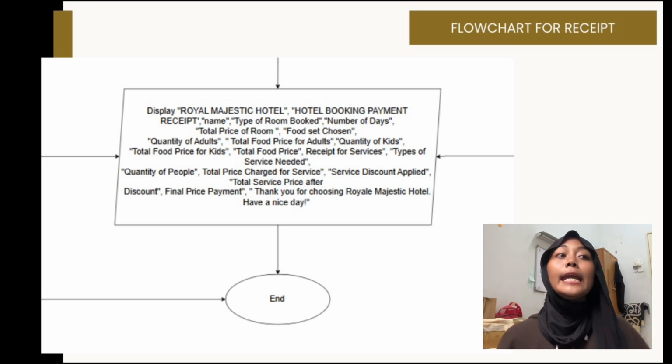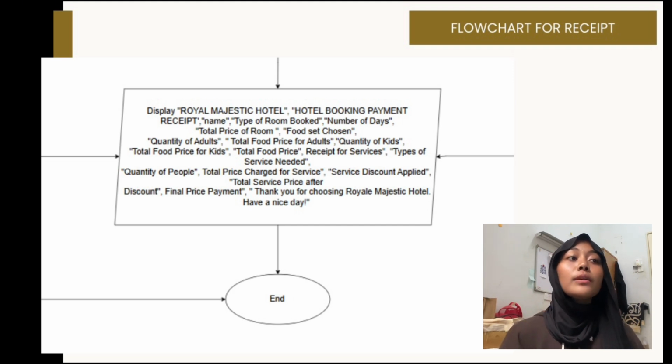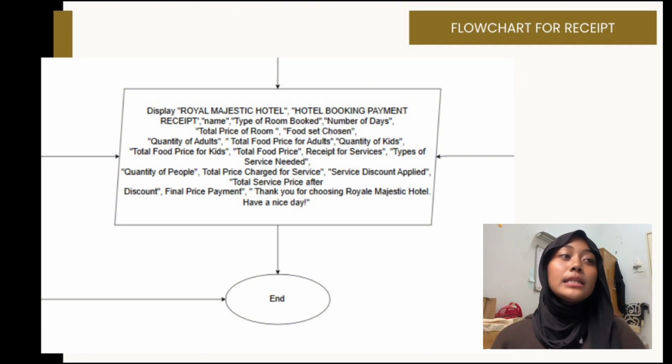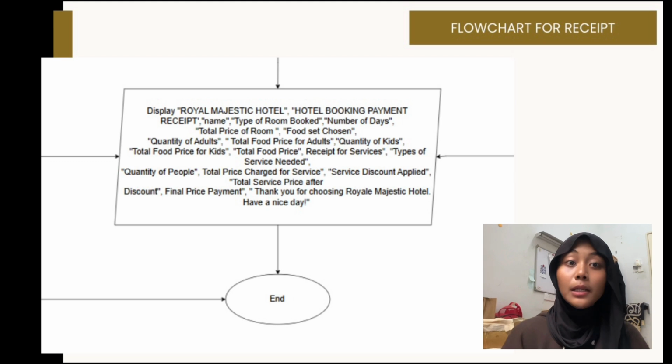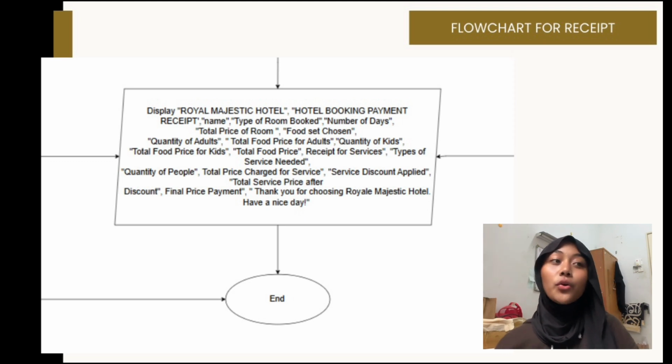That consists of name, type of room booked, number of days, total price of room, food set chosen, quantity of adults, total food price for adults, quantity for kids, total food price for kids, total food price, and then followed by receipt for services, types of services needed, quantity of people, total price charged for service, discount applied, total service price after discount, and then final price payment. And the last one is thank you for choosing Royal Majestic Hotel and have a nice day. And then the flowchart comes to its end.